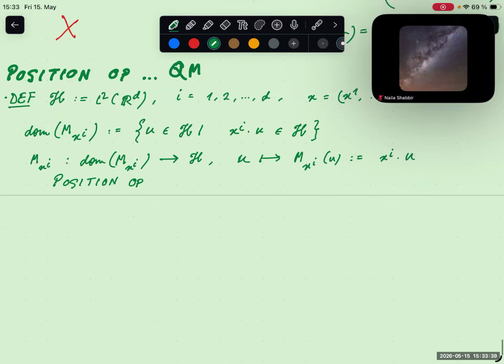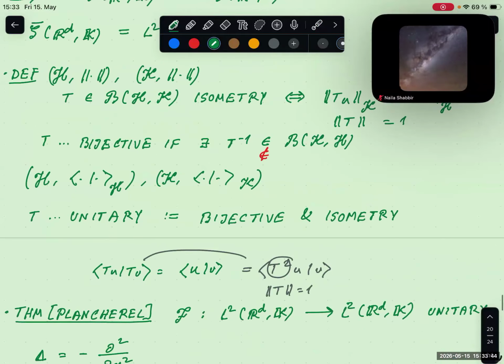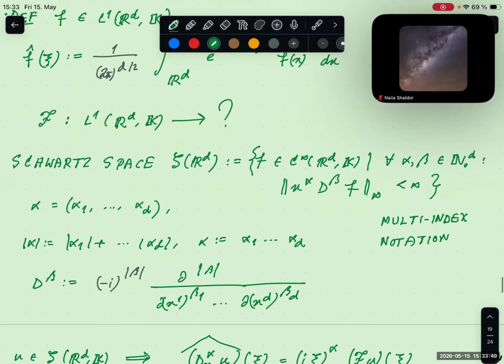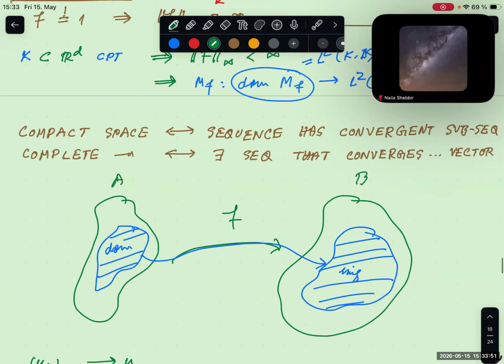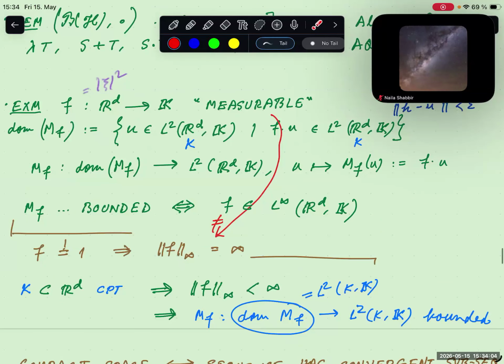Now, as we have discussed earlier, here we discuss multiplication operator by say, reasonable f. And what we have seen, this is bounded if and only if this function is L infinity, right?